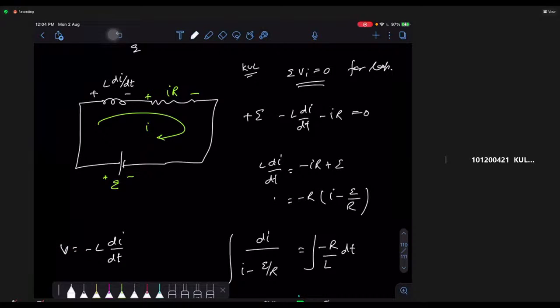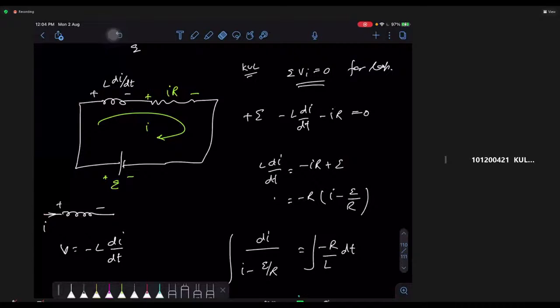What is the meaning of potential negative here? It is a potential drop. Suppose an inductor is there, current is flowing, and di by dt is positive, then v comes out to be negative. In the direction of current, your potential is going to drop.